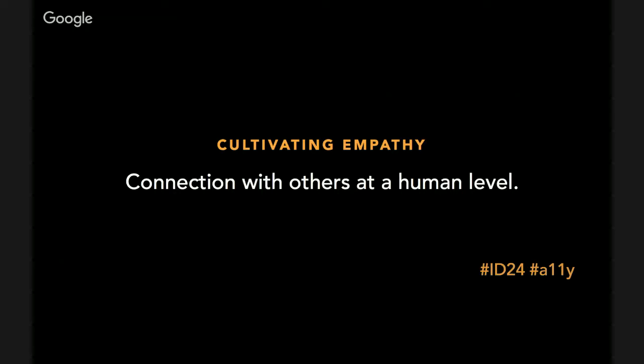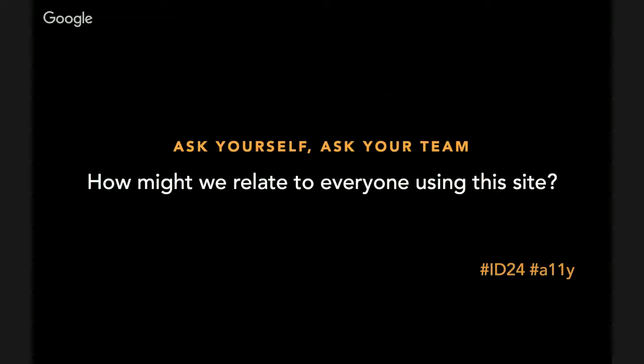With cultivating empathy, we're just really talking about connecting with others at a human level. There are a number of great talks and books on ways to cultivate empathy, but some of the really basic things that I try to do on a project team is to ask myself and ask the team that I'm working with, how can we relate to each person who's possibly using this site.